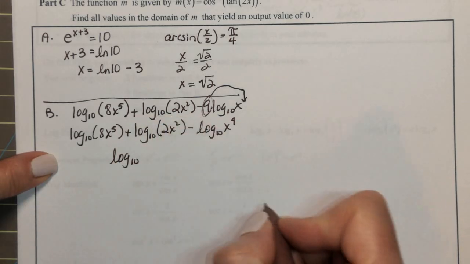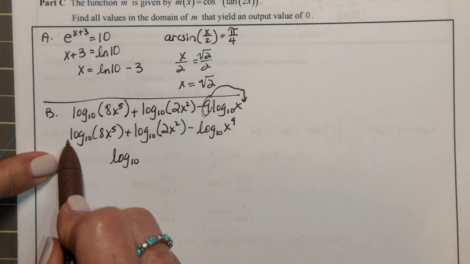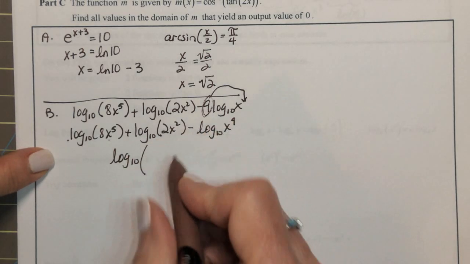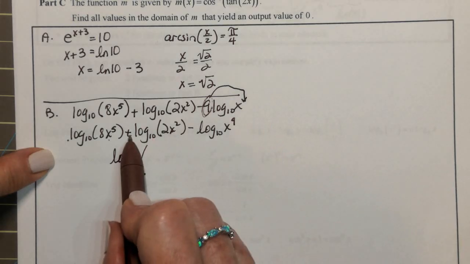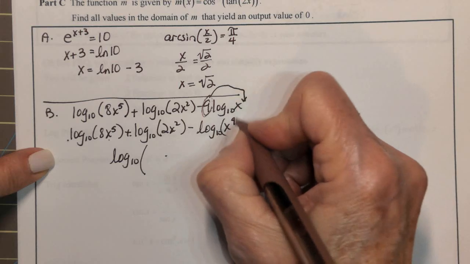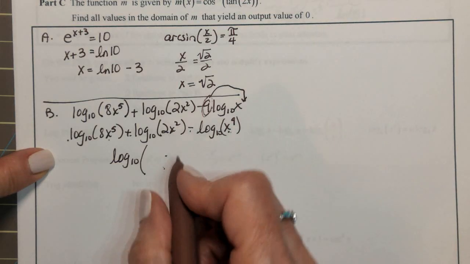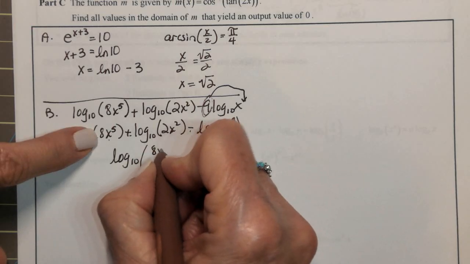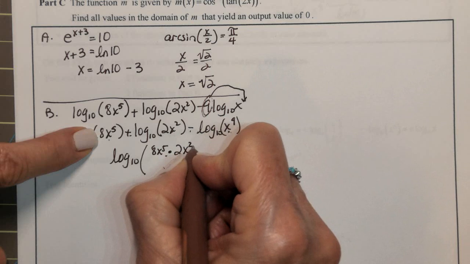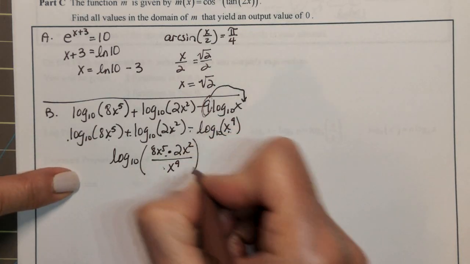If the argument is with a positive log, it goes in the numerator. If the argument is with a negative log, it goes in the denominator. So we have 8x to the 5th times 2x squared divided by x to the 9th.